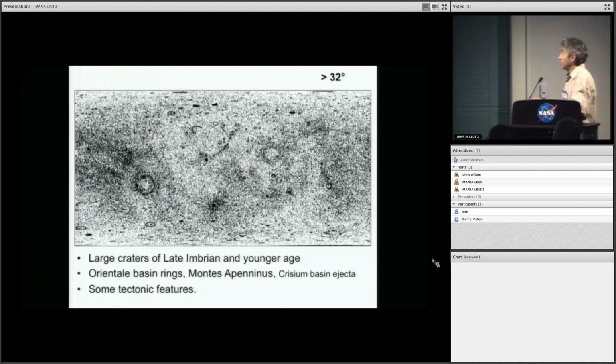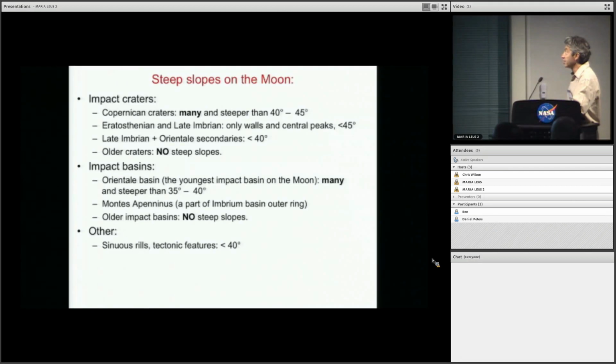The only exception is Imbrium outer circle, Montes Apenninus, and here we see steep slopes. So Imbrium impact is early Imbrian. This is the only slope of early Imbrian age that is really steep. Only one exception.